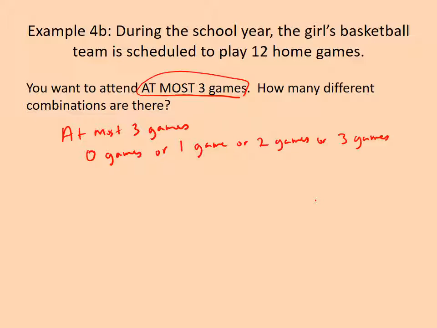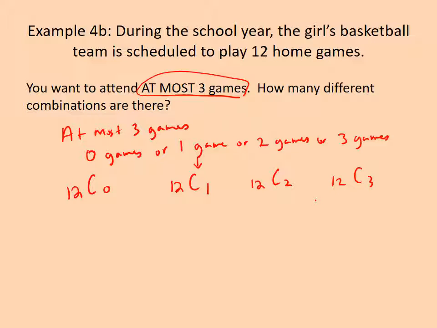In order to attend exactly 0 games, that's 12C0, because there's 12 games and you're choosing to go to none of them. But then 1 game would be 12C1, because there are 12 games and you're going to choose to go to one of them. 2 games would be 12C2, and 3 games would be 12C3.